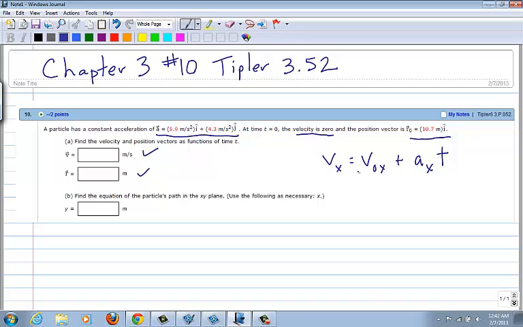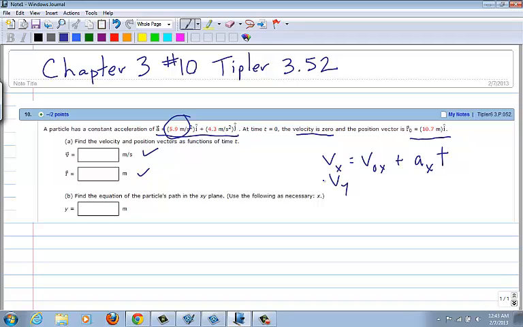So you can apply that and then also apply it in the y using your acceleration value and using your initial velocity. Okay, so that'll give you your vx and vy terms. Put that into a vector form. So you have vx in the i and vy in the j.